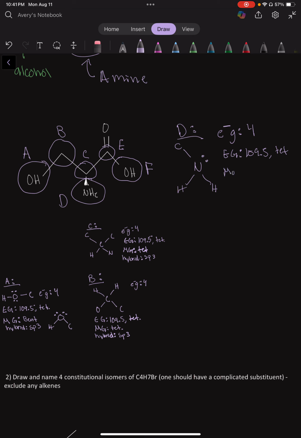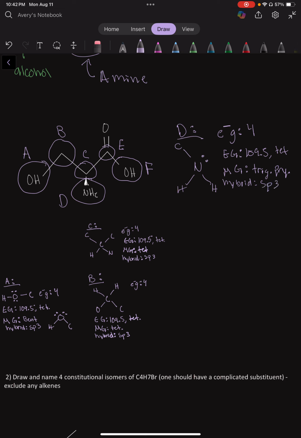Our molecular geometry, though, is going to change because we only have 3 bonded atoms. So our molecular geometry is going to be trigonal pyramid. And then our hybridization is going to be sp3.